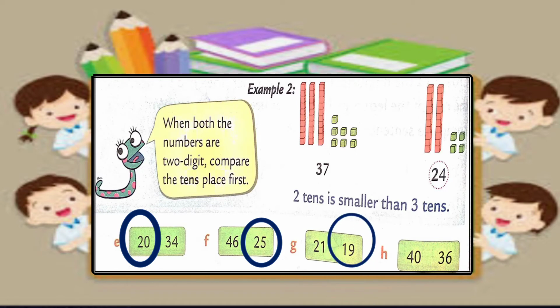So it is number 19. Then we have 40 and 36. So which is the smaller number according to you?